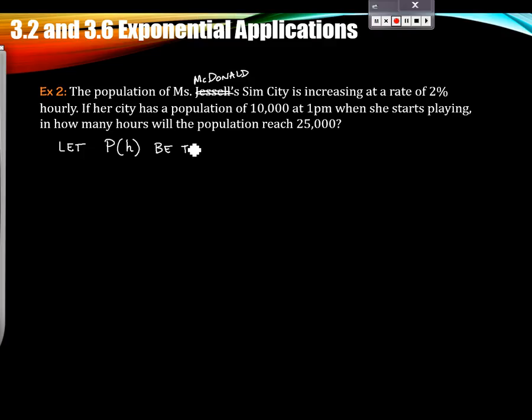Let P of H be the population after H hours after 1 p.m. Is that okay? Okay. So can you give me a model? P of H is equal to 10,000 times something to the H.